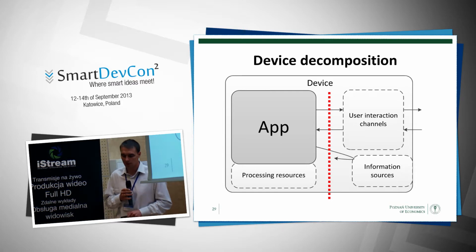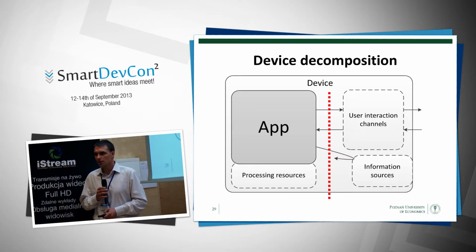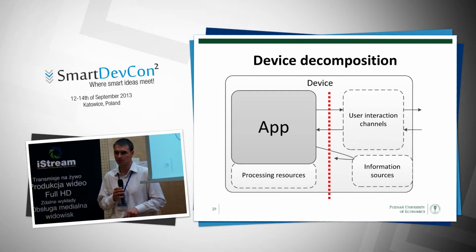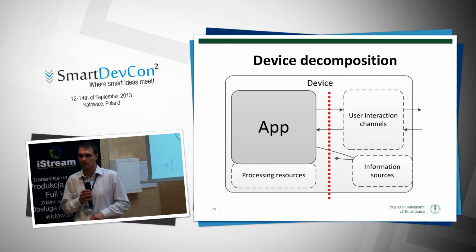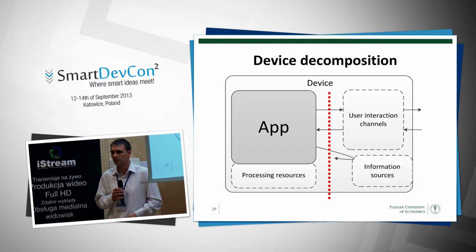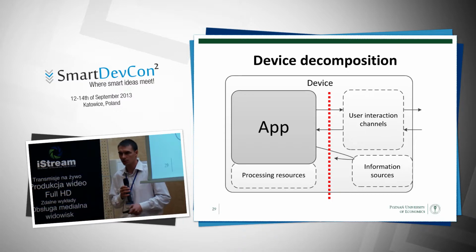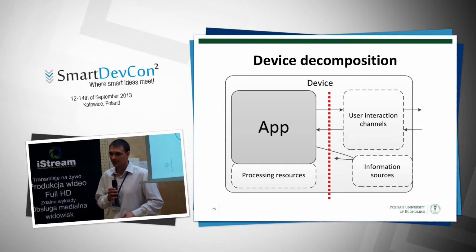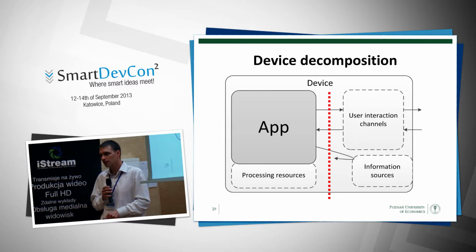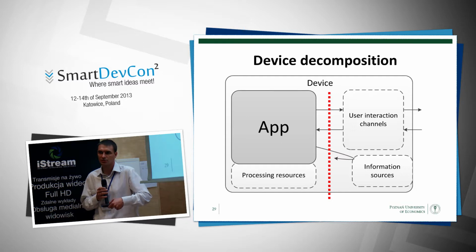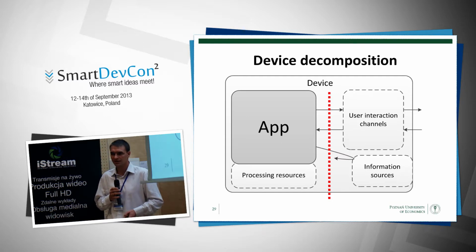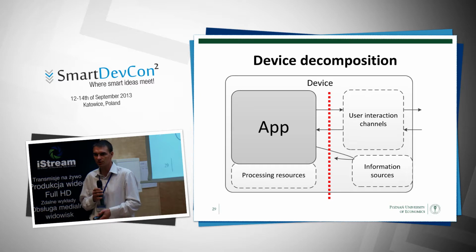And there are also other sources of information that can be used by the application, usually sources that provide data about the environment in which the device is used, about the usage context: time, location, light intensity, and so on. They are not directly related to the user or influenced by the user, but they sense the environment in which the device is used.